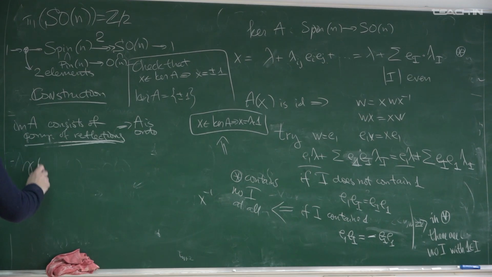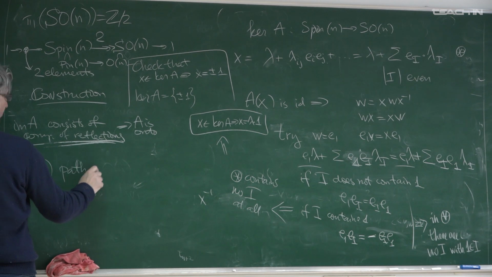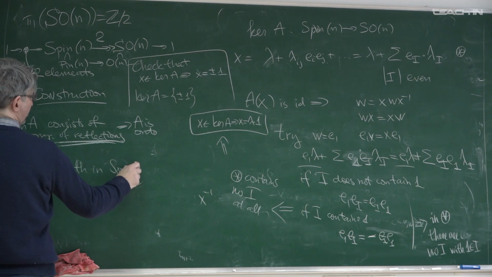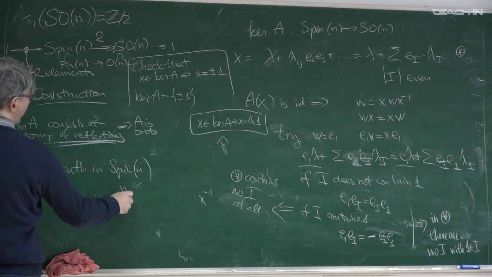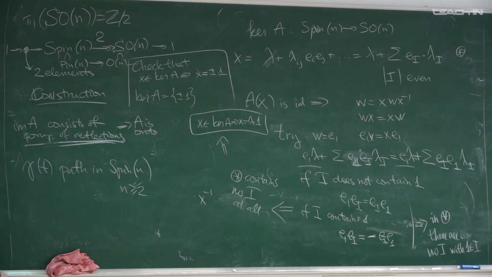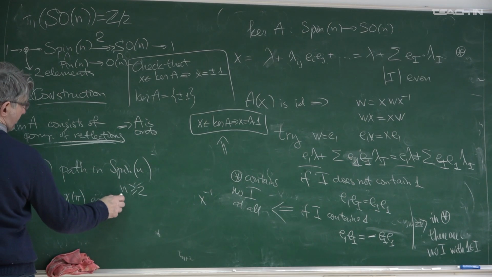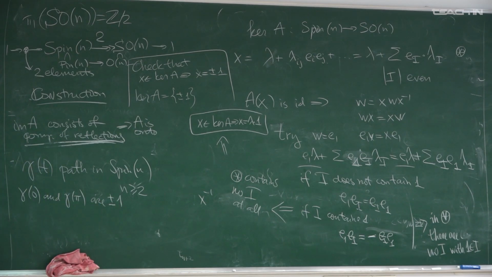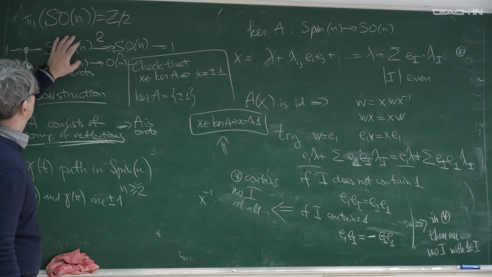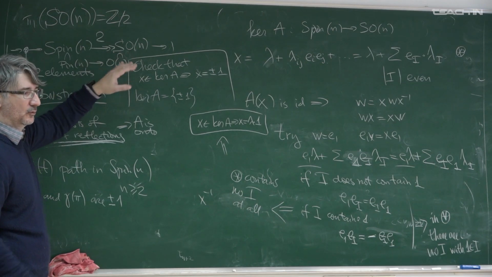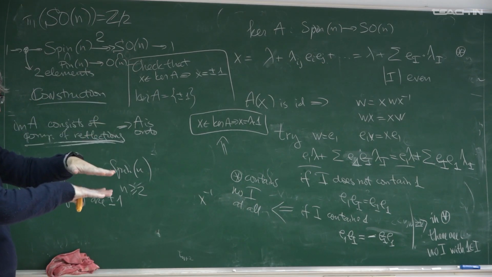Let me show you a path in the spin group for n greater than or equal to 2, such that inside the spinor group I can join 1 and minus 1 by some path. It could happen that this group is just two copies of SO(n), one and another, and the projection is just a projection.